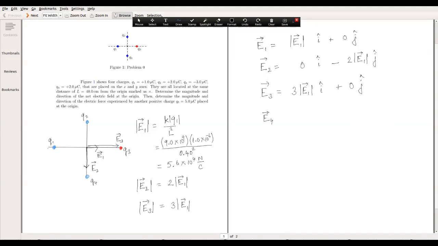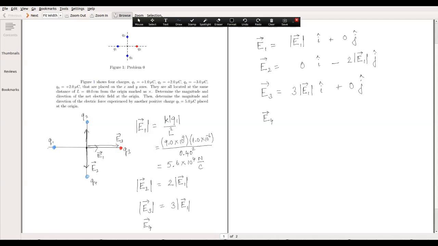So it seems like E2 and E4 might just cancel out. It is pointing away from charge 4 in the upward direction, and it is twice the size of E1, which was pretty much what happened with E2 also. So let's see how it goes.